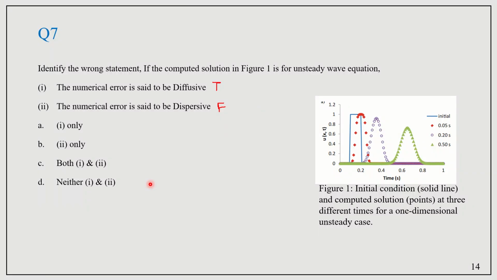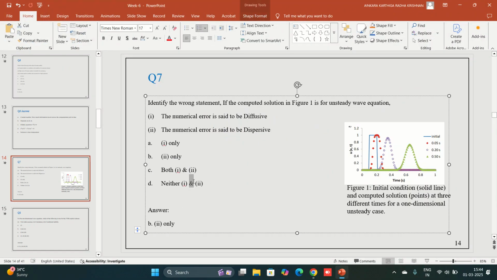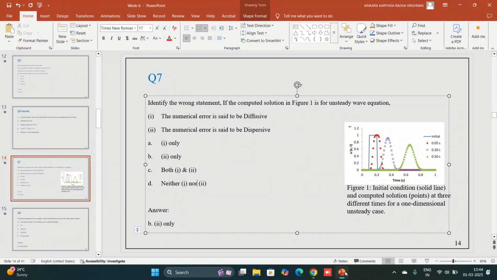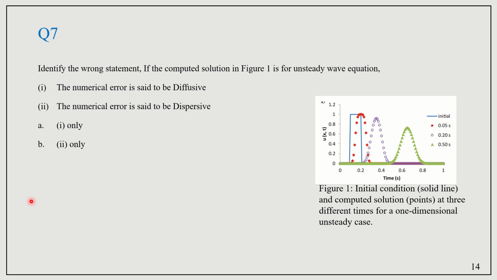So answer is option B, that is 2 only is the right answer, because the first one is a true statement. Option B is the right answer.